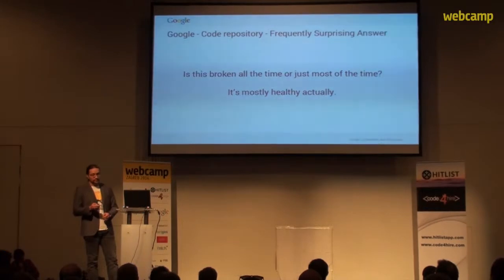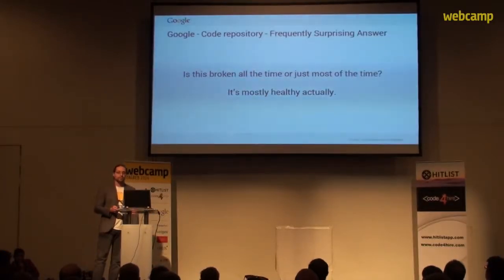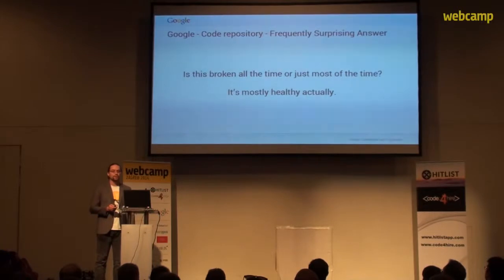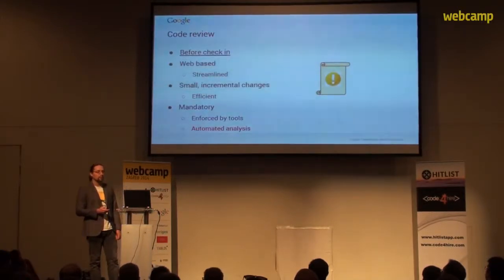The reason is that we invested a lot of time and effort in automating almost the entire development process, and it all revolves around the central concept of a code review.